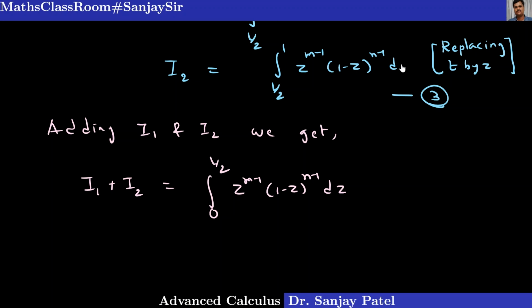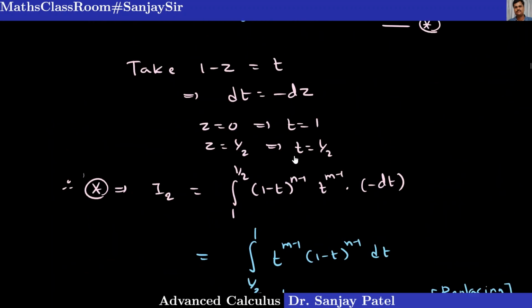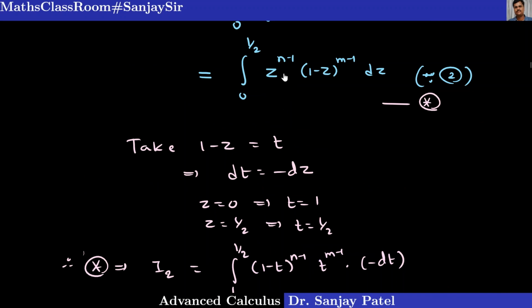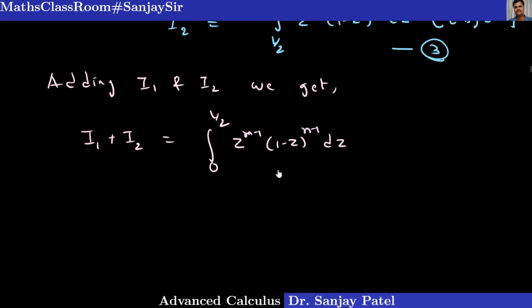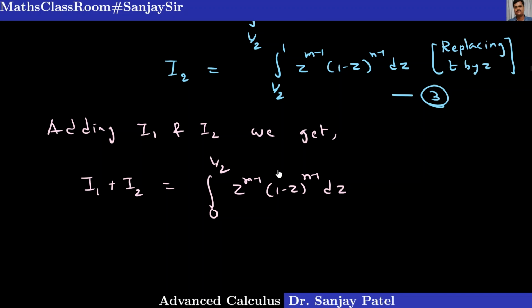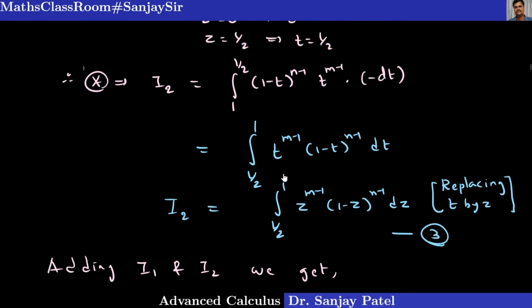Just look at that I1, z raised to n minus 1, 1 minus z raised to m minus 1. I have written it the other way. Here is also a small error.